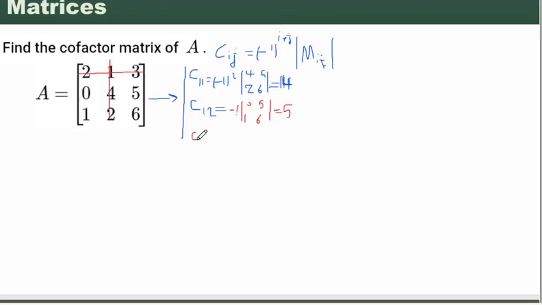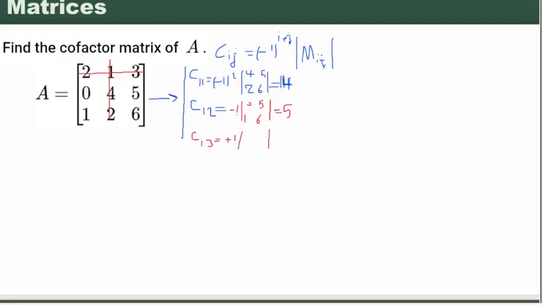I will go for the element 1, 3. I follow this rule. Negative 1 to the power of 1 plus 3, which is 4. So negative 1 to the power of 4 gives me positive 1.